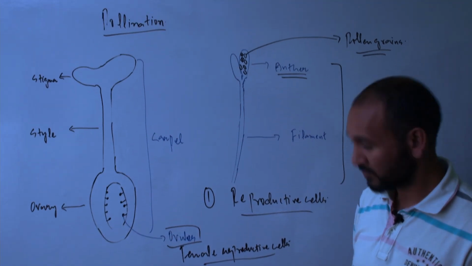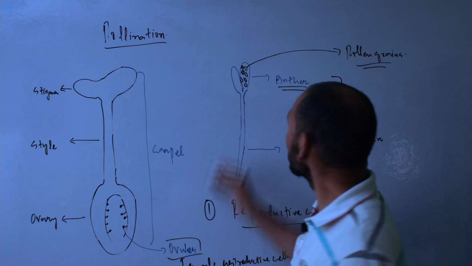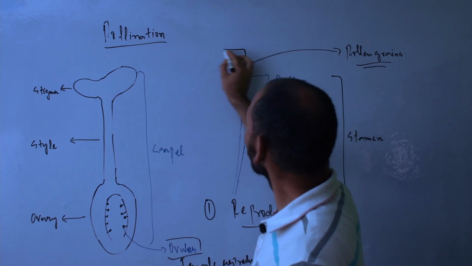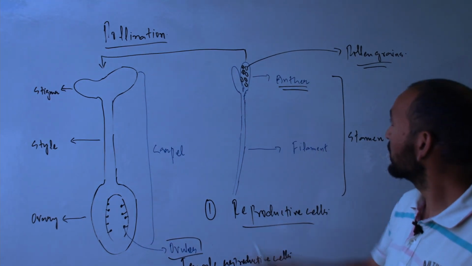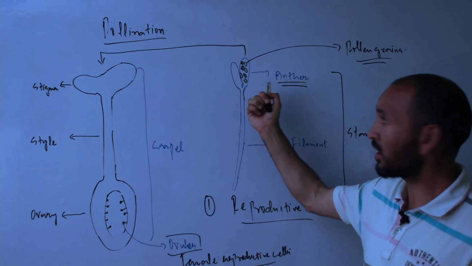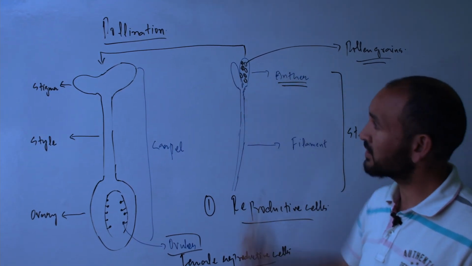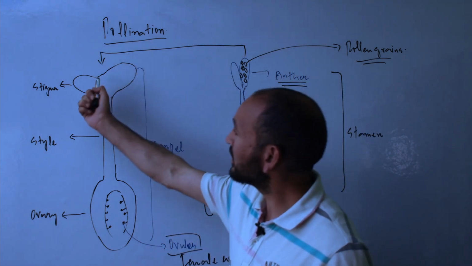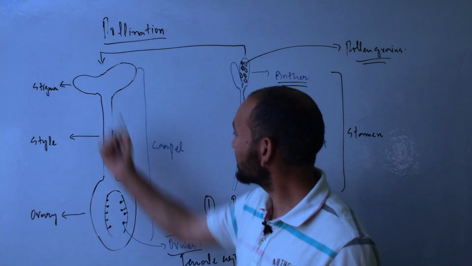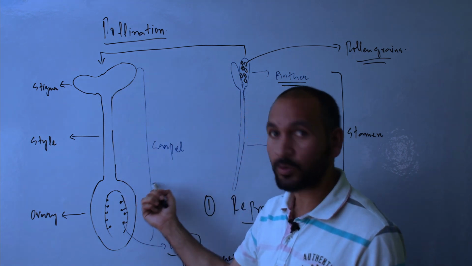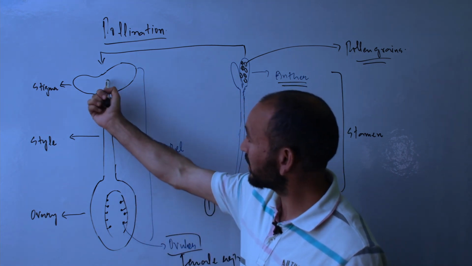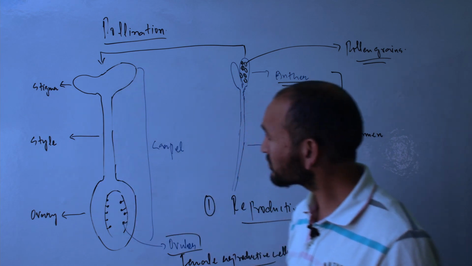These male gametes, what happens? These pollen grains, they transfer from anther, and they land on the stigma. Stigma, this is the part of the female reproductive part, that is carpel. They land on it.